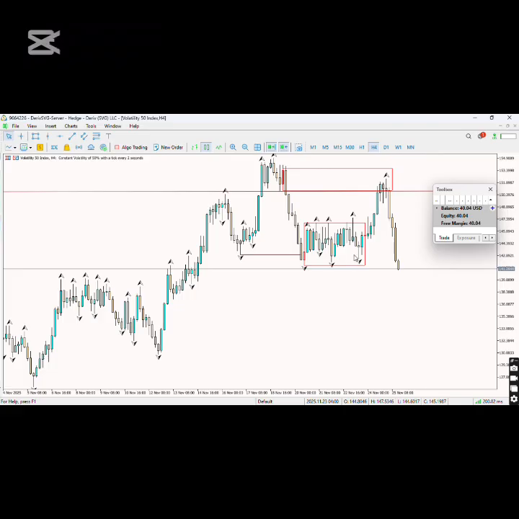And as you all know, this creates the AMD consolidation, which is accumulation, manipulation, distribution. You can take it either way. So focusing more on it, we still have this imbalance which we have to fill.